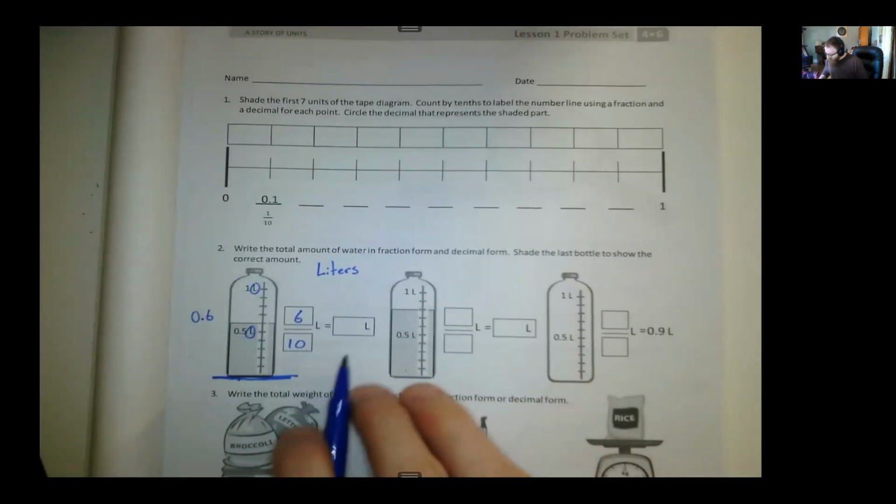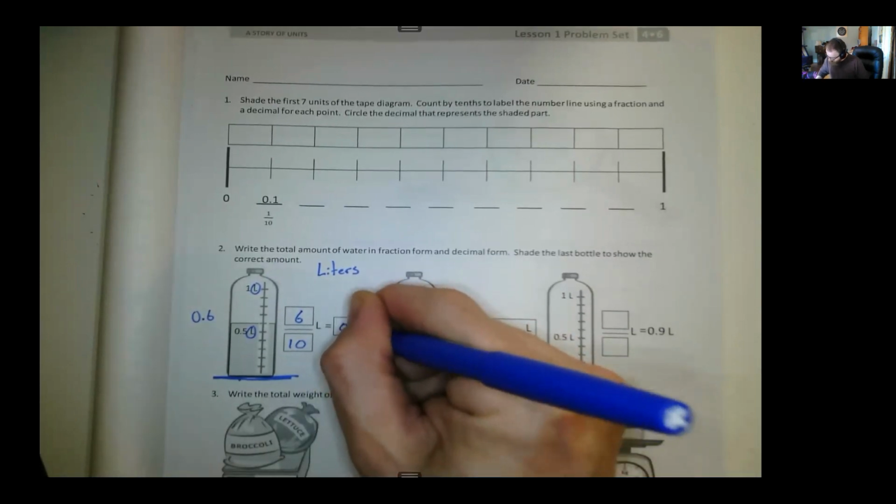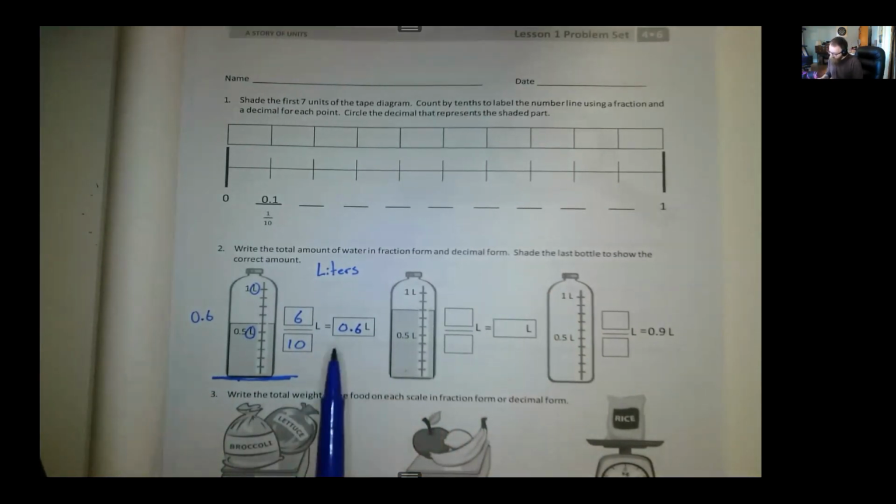So how many liters are represented here? 0.6 liters, 6 tenths of a liter. This is read as 6 tenths of a liter, and this is read as 6 tenths of a liter. Remember that these values are the same. They're just being represented, one as a fraction and one as a decimal.